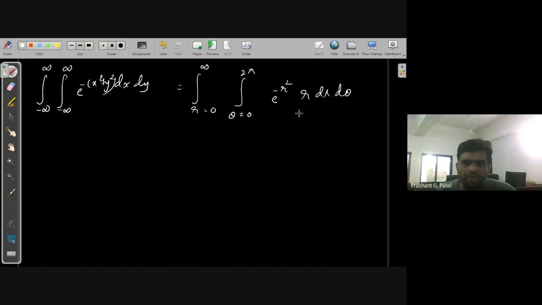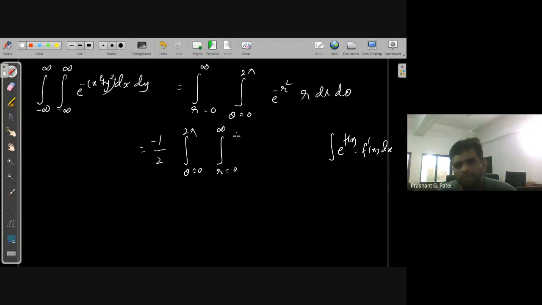Now to take the integration of this one, you just see that it is of the form e power f(x) into f dash(x) dx, the derivative. So I'll just multiply and divide by 2 here, minus 2r, 1 by 2. So theta is running from 0 to 2 pi, r running from 0 to infinity, e power minus r square, and here I'll just set minus 2r. R is already there, so I'll just multiply and divide by minus 2 here, dr d theta.